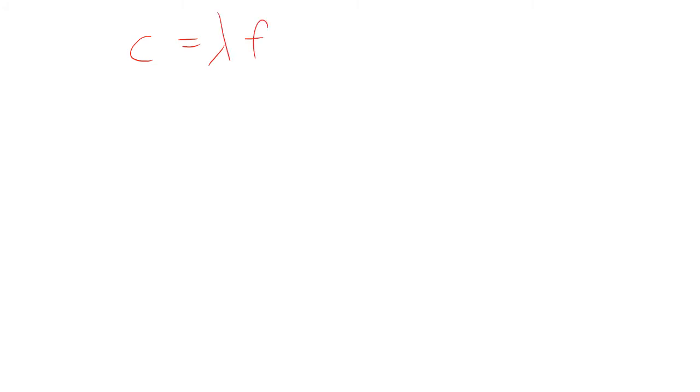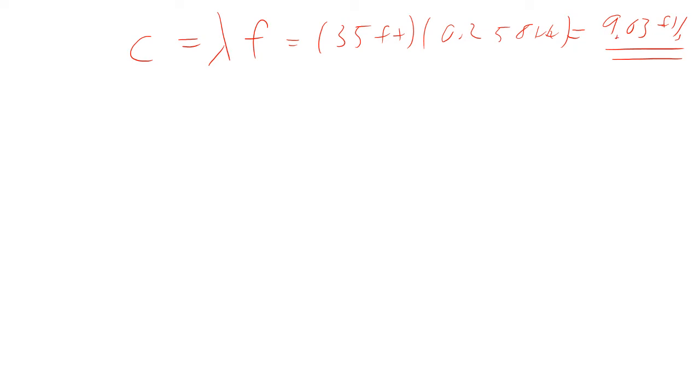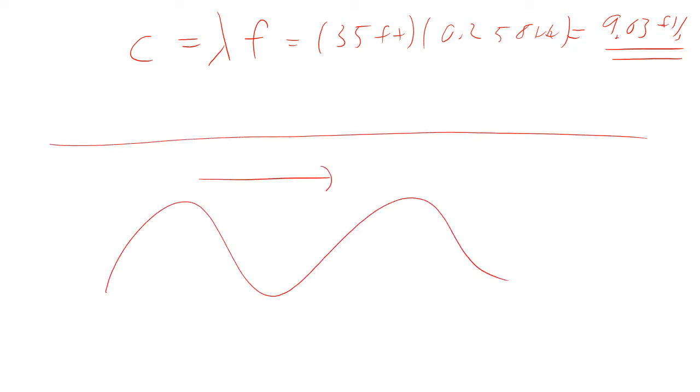We could find lambda times f, so that would be 35 feet times the f, which is 0.258 hertz, and what we come up with is 9.03 feet per second. That's not the answer to the question, though. That is how fast the wave is moving this way. I want to know the speed up and down that way.